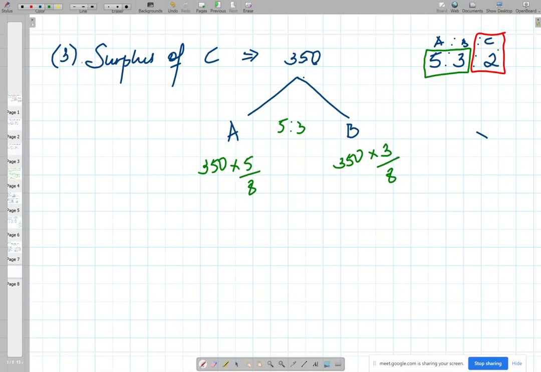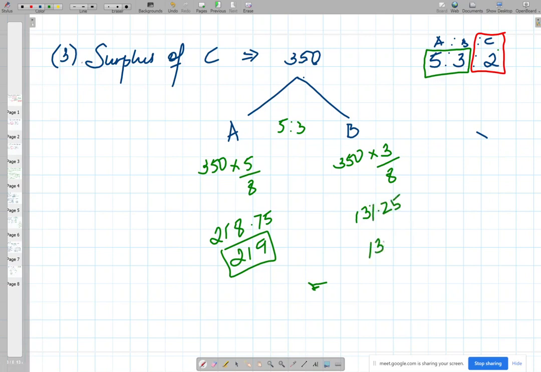So 350 multiplied by 5 divided by 8, you get 218.75. I'll make that 219, round it up, and 350 multiplied by 3 divided by 8 gives you 131.25.